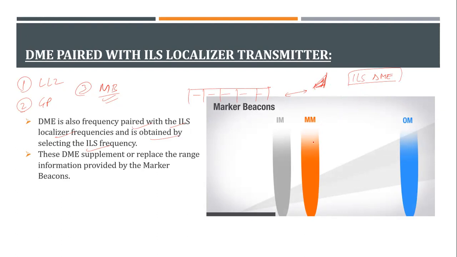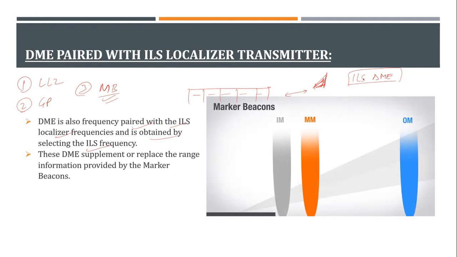Because, okay, I'm just saying that we have a DME that is co-located with your ILS. Now, whenever we are reading back to the ATC, or when the ATC asks what is your DME, if you're looking at your screen, you can tell them what DME you are at.